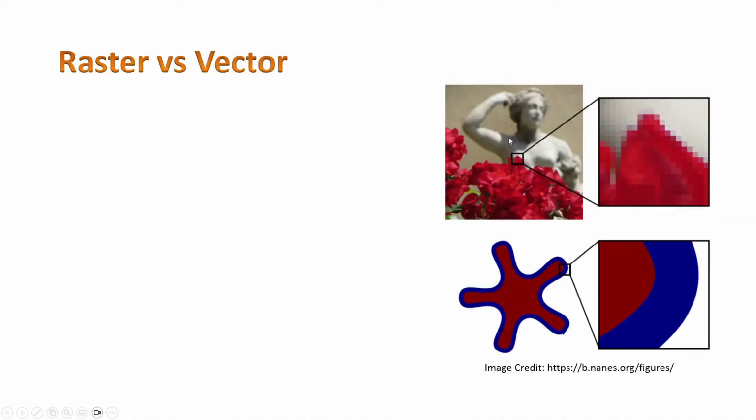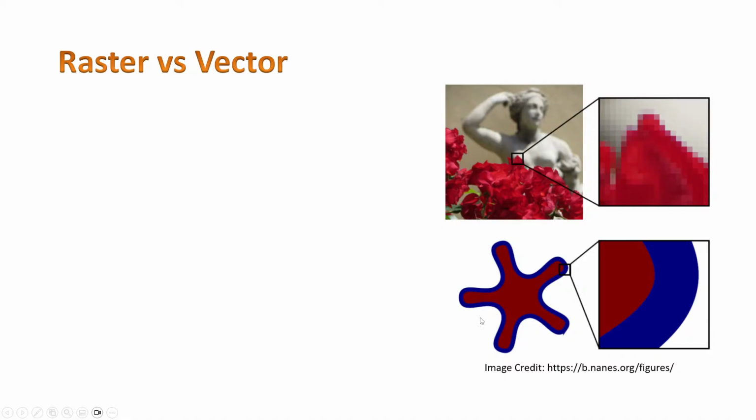Let me show you. This is a raster image. If you zoom in here, you see the pixels. So this is defined by pixels, and you lose resolution. Versus this image here, these are just some shapes, some lines.